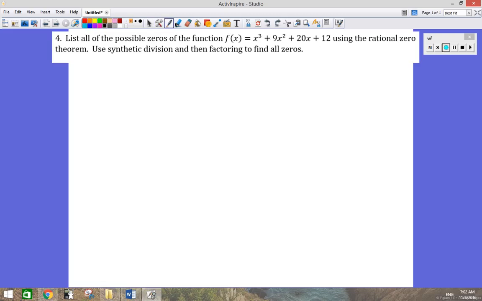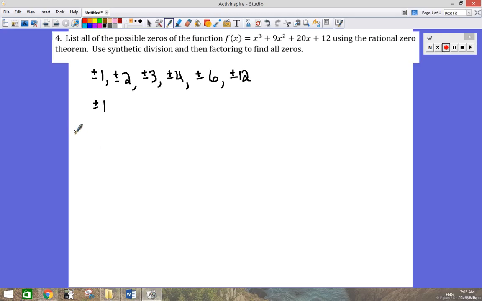So in order to use this rational zero theorem, I want to look at the factors of my constant term, and 12 has factors of 1, 2, 3, 4, 6, and 12. Now, fortunately, the leading coefficient is a prime number and just has a factor of 1.